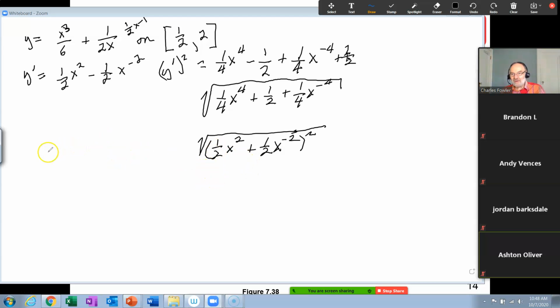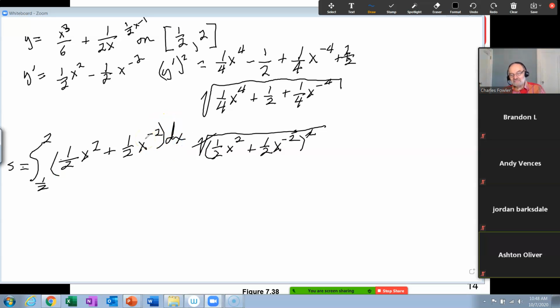So our integral here from 1/2 to 2, and this is the arc length, all we've got left is, when you undo the square root, 1/2 x squared plus 1/2 x to the minus 2 dx.